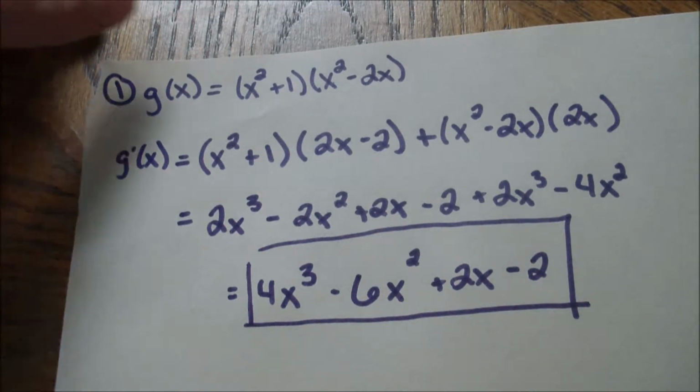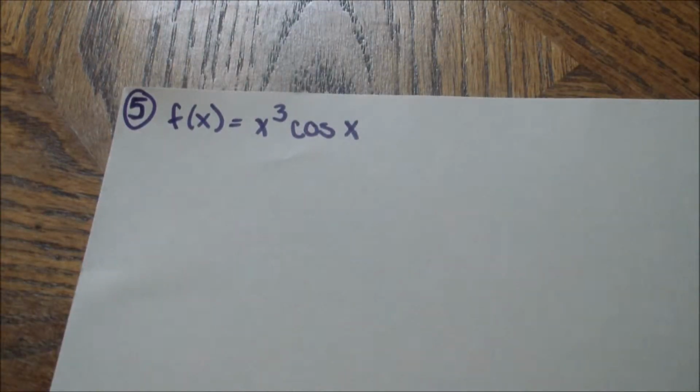Alright, and then let's do another example. Let's move on to number 5. f of x equals x to the third times the cosine of x.